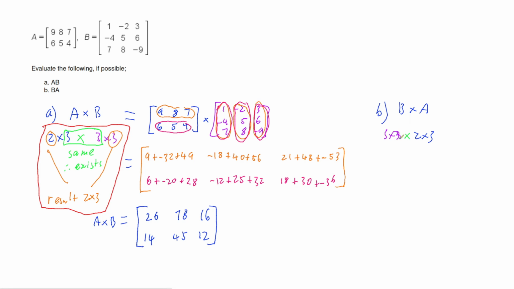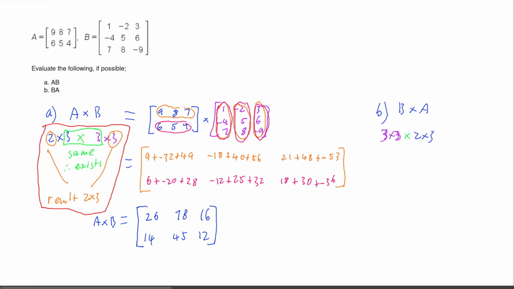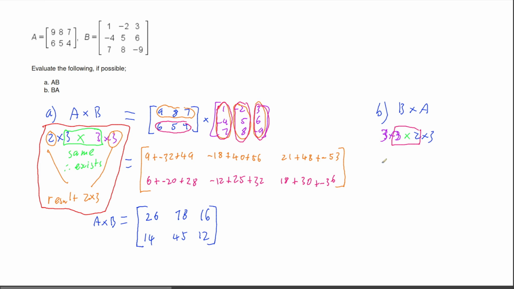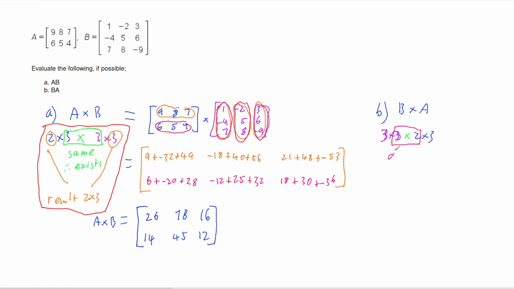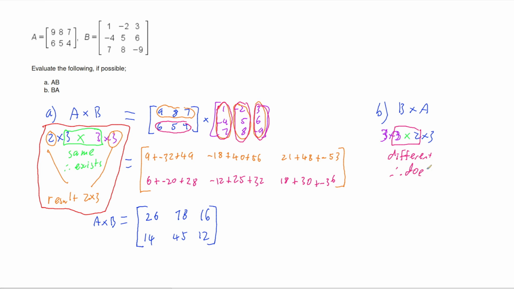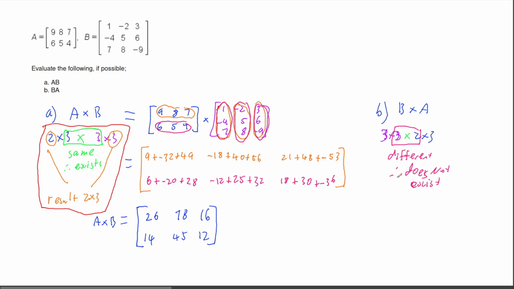And if I check these numbers and start off again looking at the middle two numbers, they are different. And so that means that the product does not exist. Which means that we have nothing to do for part B. It's not possible to multiply B onto A.